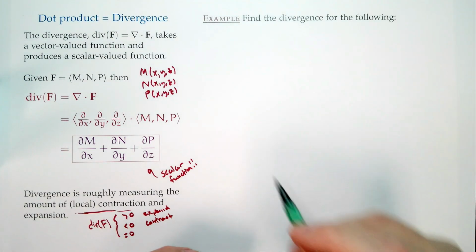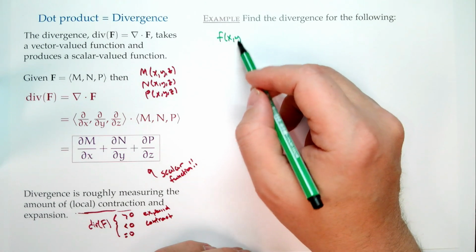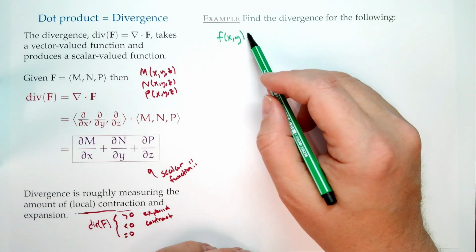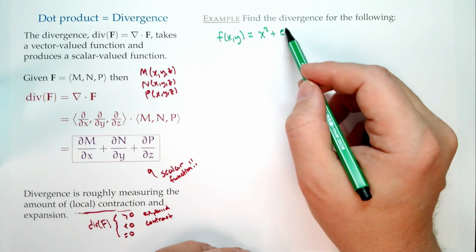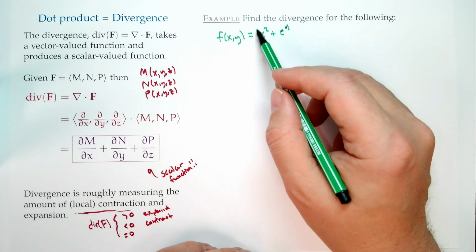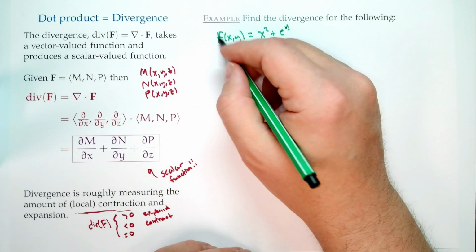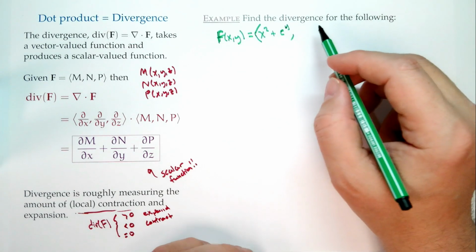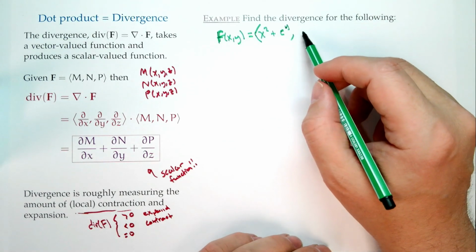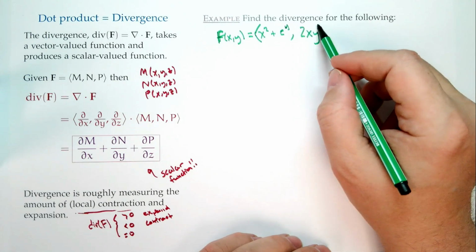All right, find the divergence of the following. Well, we get to make up some functions. So I can talk about F of x, y, and we'll just make up something: x squared plus e to the y. And of course, this has to be a vector valued function, so I've got to make it capital F. That's my first entry. Okay, second entry, we'll have 2xy cubed.